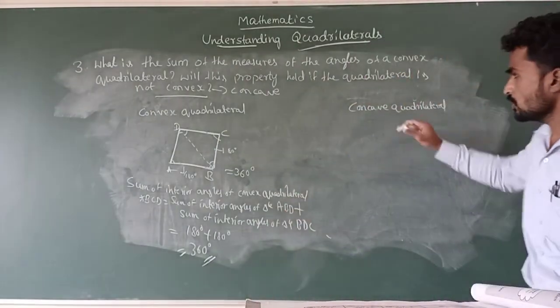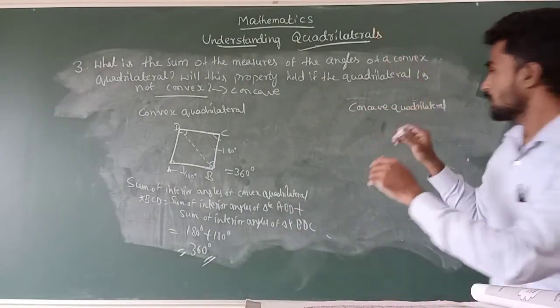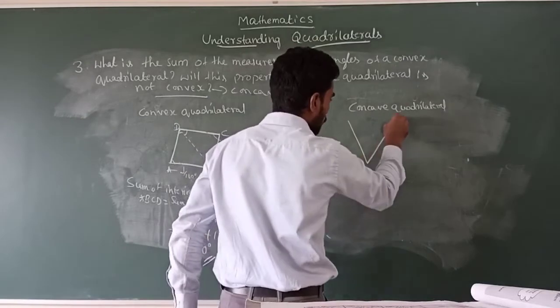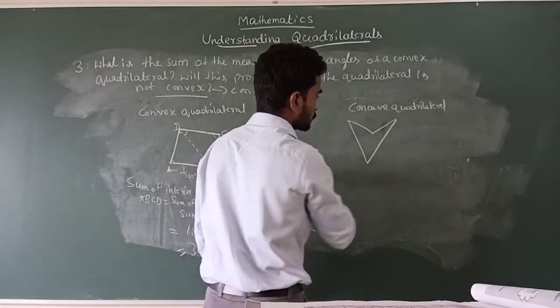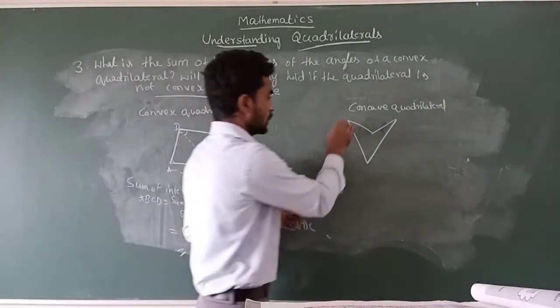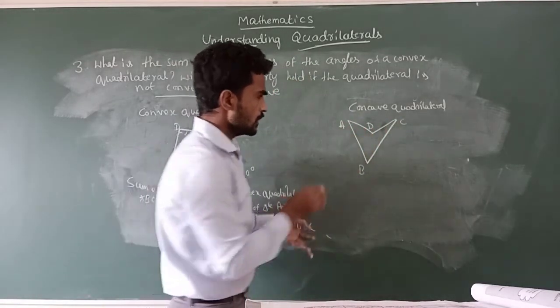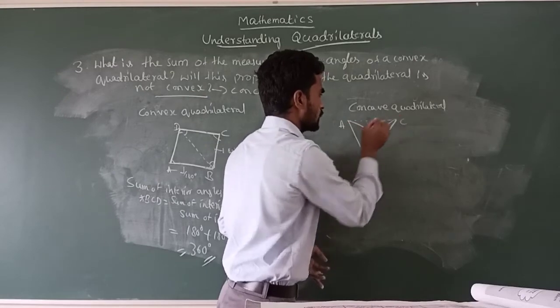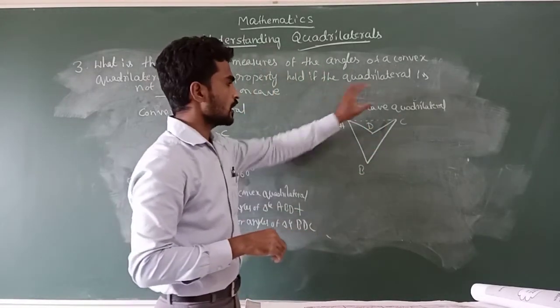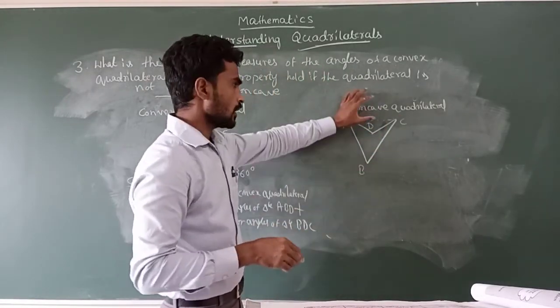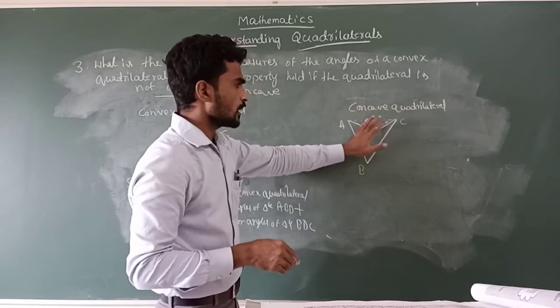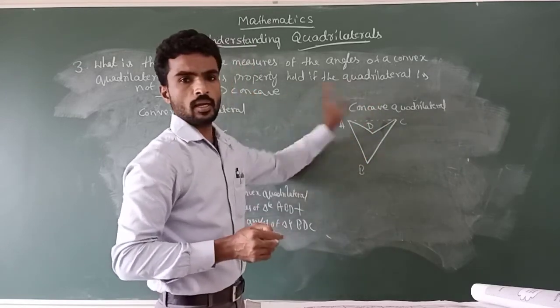Now we move on to the concave quadrilateral. I will draw one concave quadrilateral. Here I will name it ABCD, same name, but it has one outside diagonal, that is AC. That's why we call it a concave quadrilateral. In a concave quadrilateral, some diagonals are outside the polygon.